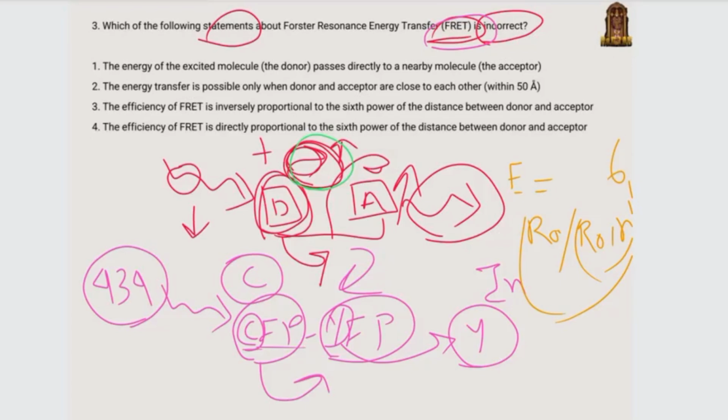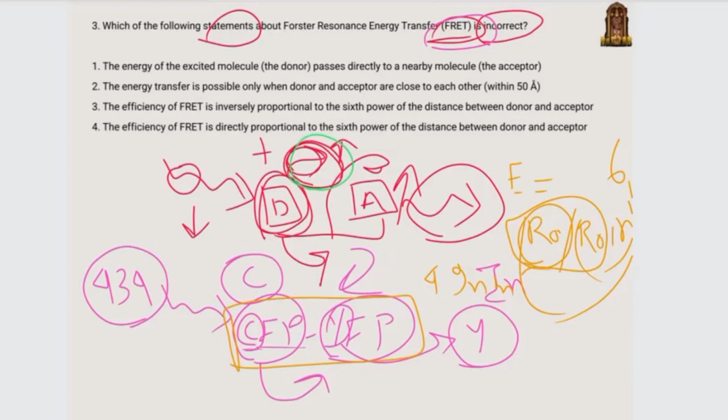Here the R0 has a specific value. That is like a constant and it depends on the pair. For this CFP and YFP pair, this R0's value would be 4.9 nanometer. For other pairs, that would be changed, but for a specific pair, it would be a constant.